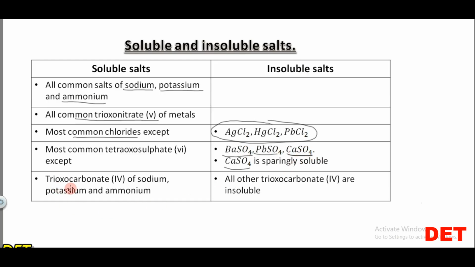Then the last point we're going to look at here is that carbonates of sodium, potassium, and ammonium are soluble in water. All other carbonates are insoluble in water. Alright? So only the carbonates of sodium, of potassium, and ammonium are soluble in water. The rest of the carbonates are insoluble in water.